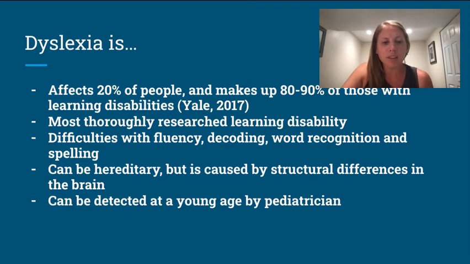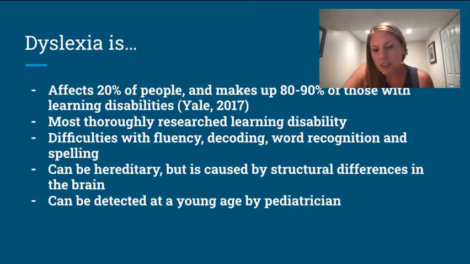Specifically, dyslexia is difficulty with fluency in reading, decoding, which is unpacking the meaning of a word, and word recognition as well as spelling. So this presents itself often with people who may take a little bit longer to read something, or may flip letters around in a word, or even flip words around within a sentence.